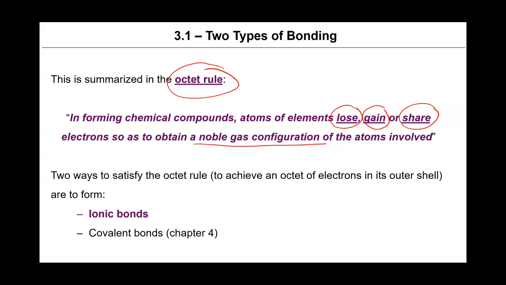One is through losing and gaining electrons, that is to form what we call ionic bonds, and that's the subject of this chapter. And then the other is to share electrons and form what we call covalent bonds, and that's the subject of chapter 4.